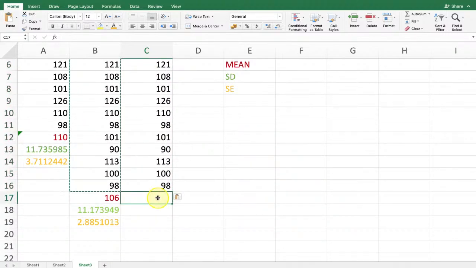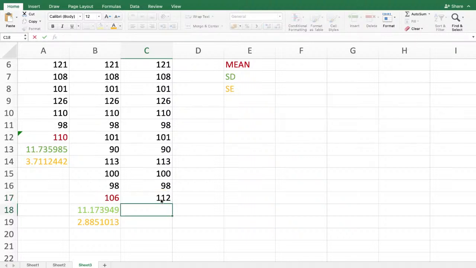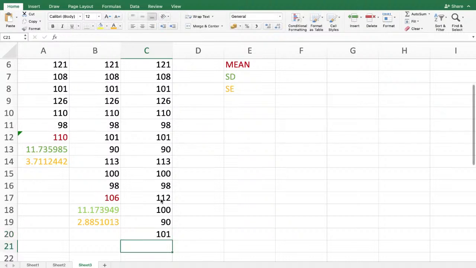Let's add 5 more because this has 15 observations only. So we need 5 more. Let's say 112, 100, 90, 101, and 100 again.